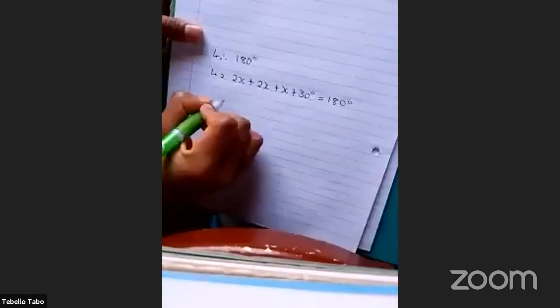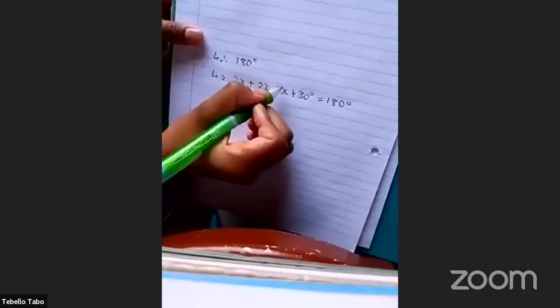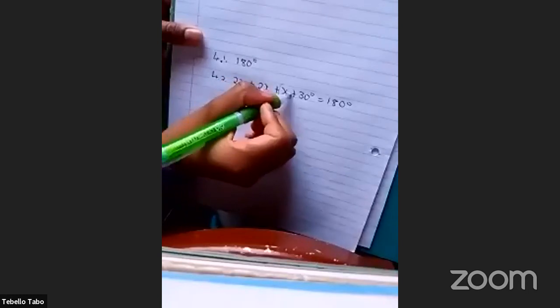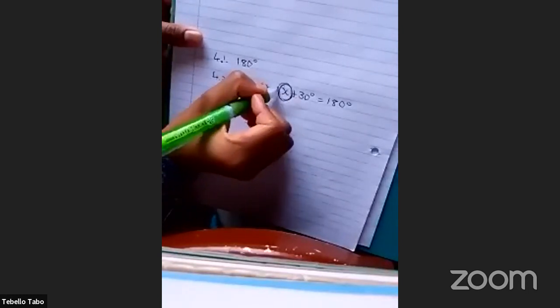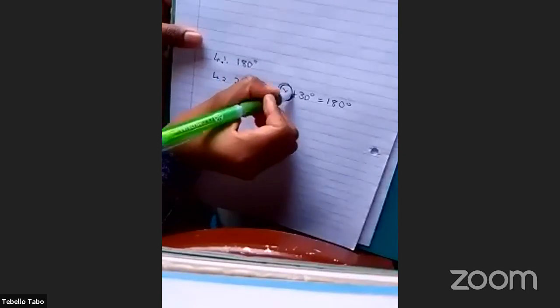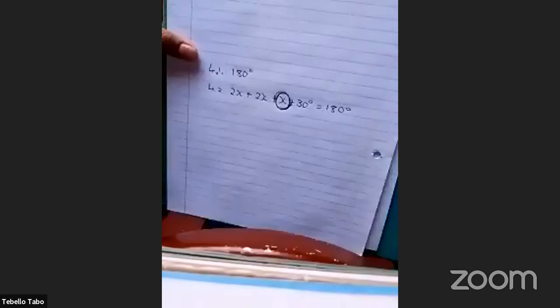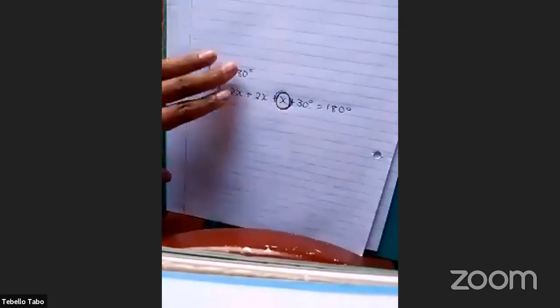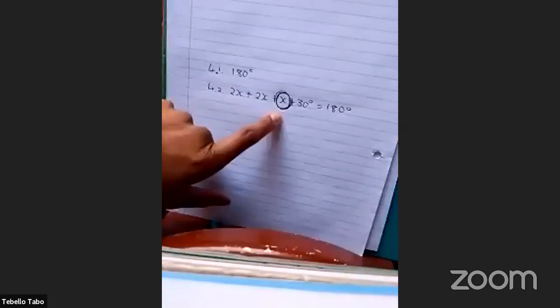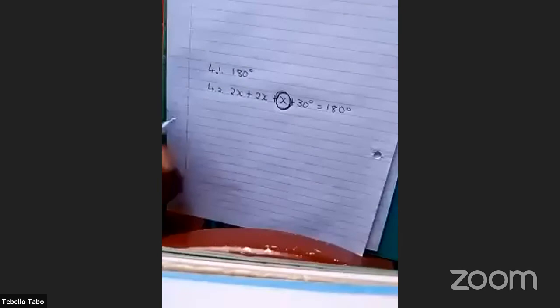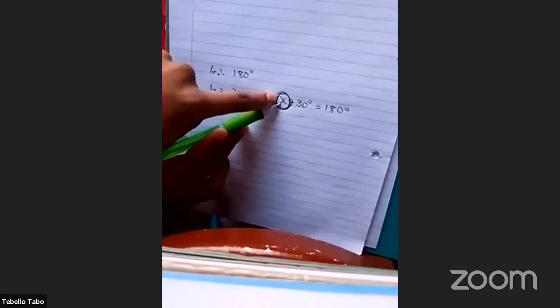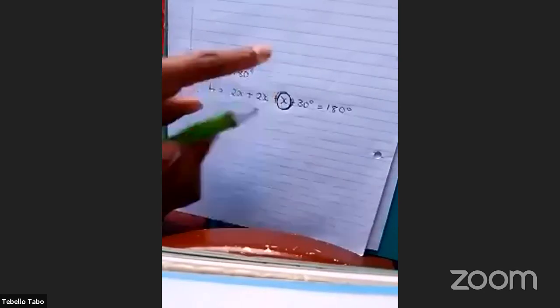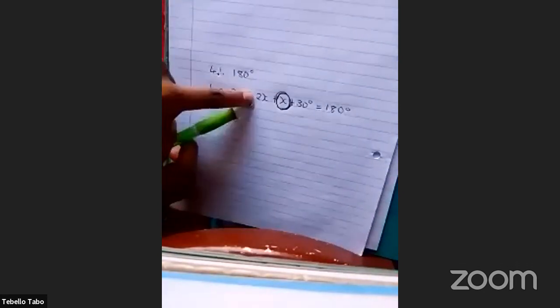In this case, what did I say about this x that is alone? What do you think of when you see just an x? It's 1x, right? It represents 1x. So we'll have our 2x plus 2x plus 1x. You see that? Yes, perfect.